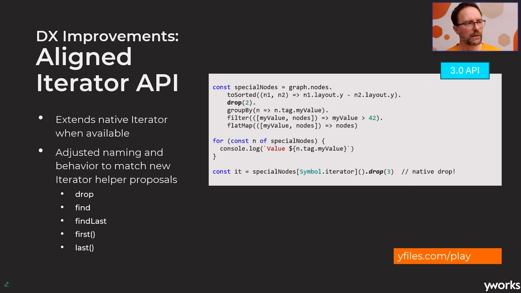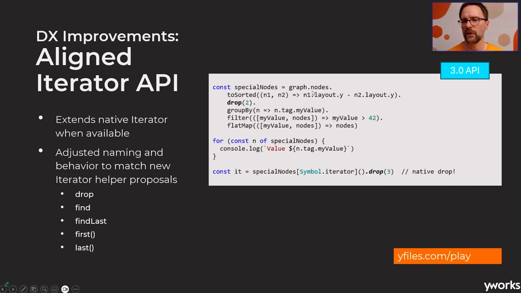The last one is about a feature that is relatively new in the web platform, and that's the iterator API. yFiles has had these iterators since day one, since 20 years ago, and only recently a similar API has been brought to the web platform. So this is to efficiently work with all kinds of collections in yFiles.